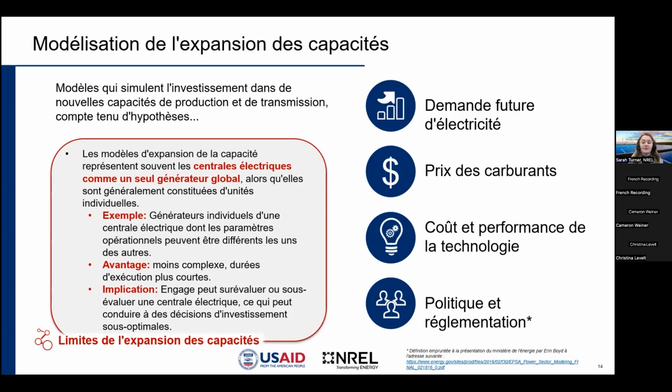Since the operational parameters of a power plant have to be averaged across its generators in an aggregate treatment, Engage may overvalue or undervalue a power plant in a sample dispatch, which can lead to suboptimal investment decisions.